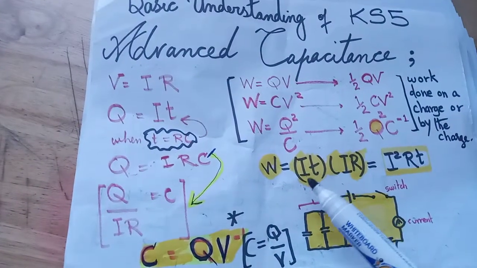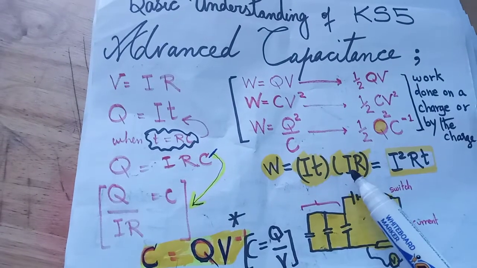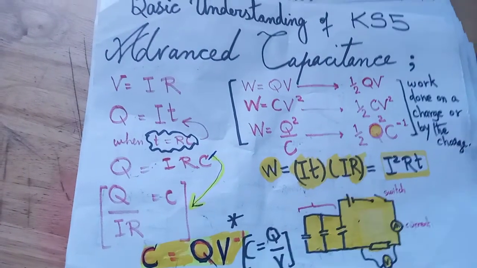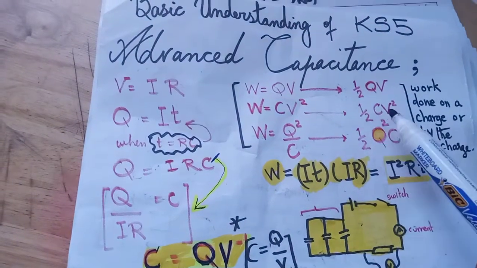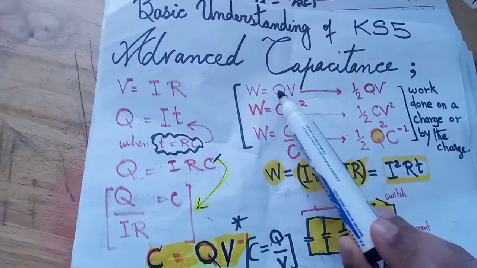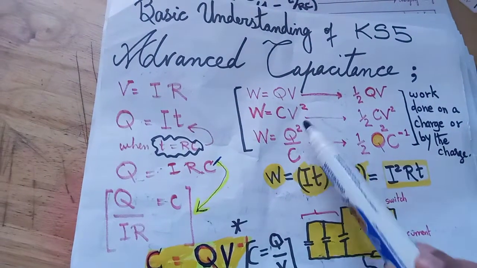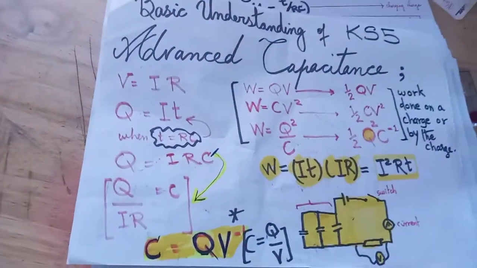And the energy formulae will be half Q squared over C, half CV squared, half QV, or W equals QV, CV squared, or Q over C. So it has to do with the work done on a charge or by the charge.